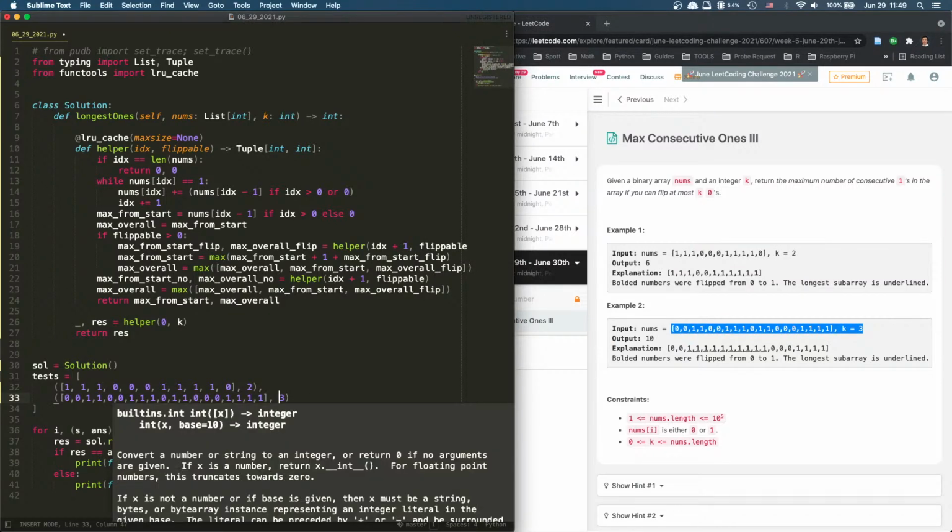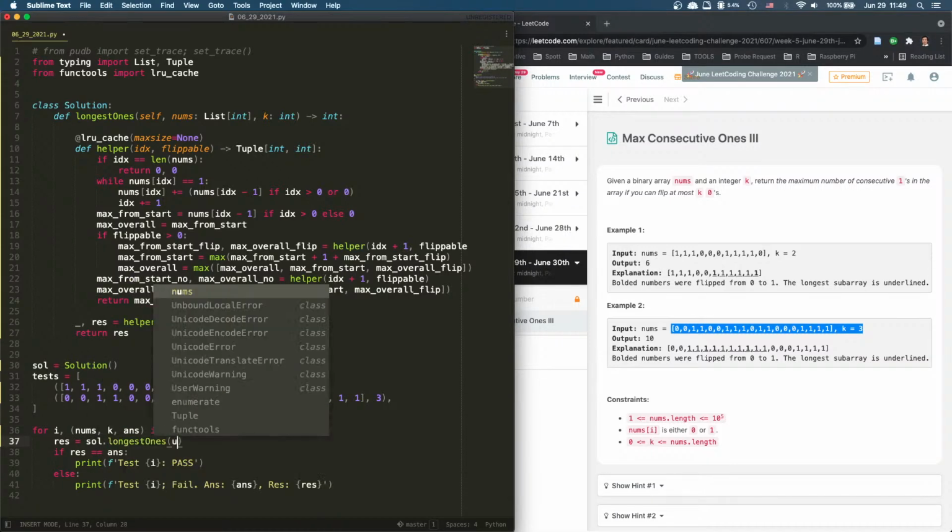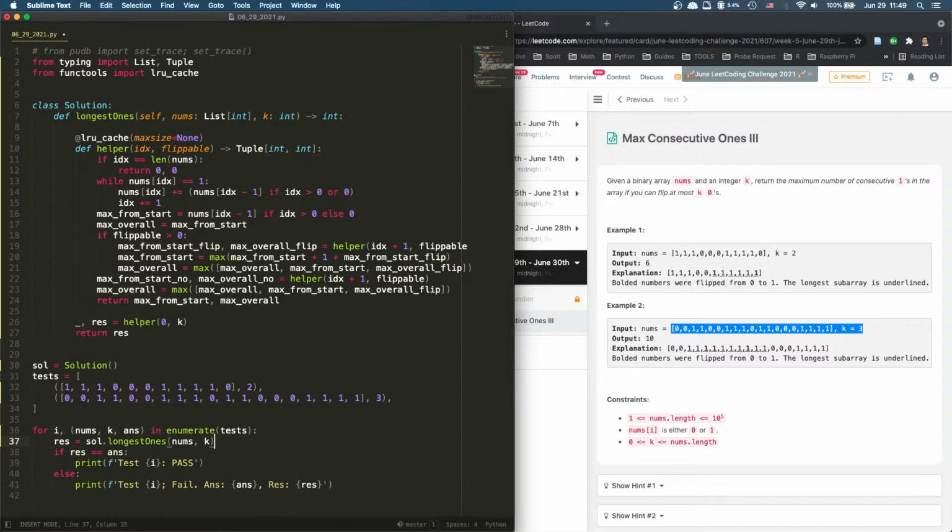Okay, k equals 3. Okay, and this is going to be nums k. This is going to be longest ones nums k. Alright, give it a shot.